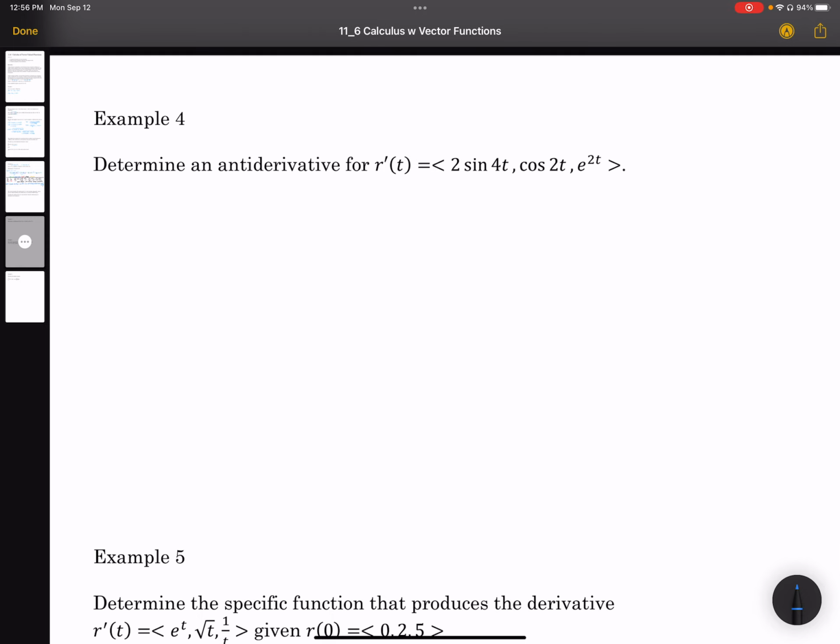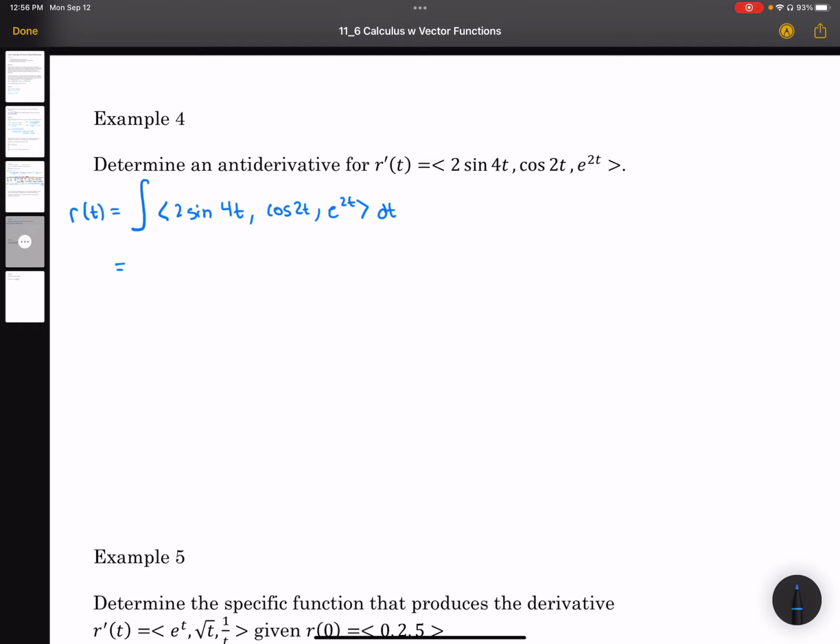So we're going to say r of t is equal to the antiderivative of this vector function, 2 sine 4t, cosine 2t, e to the 2t, dt.